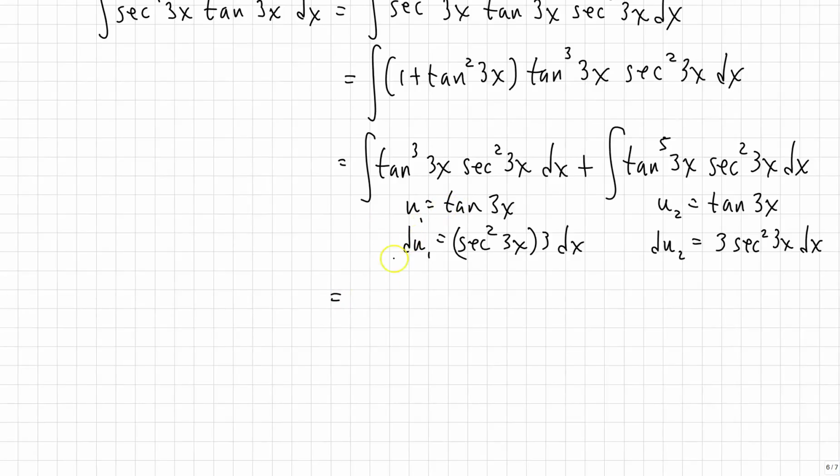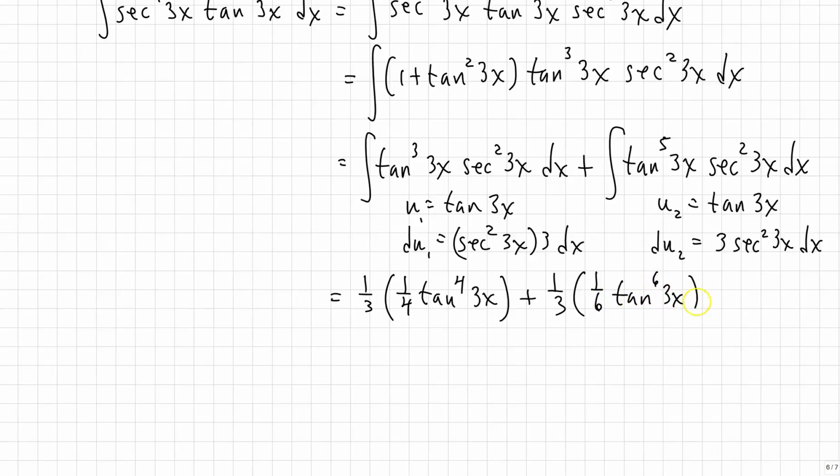So using our u substitution, we'll end up with tangent to the 4th and a tangent to the 6th. So we clean it up a little bit.